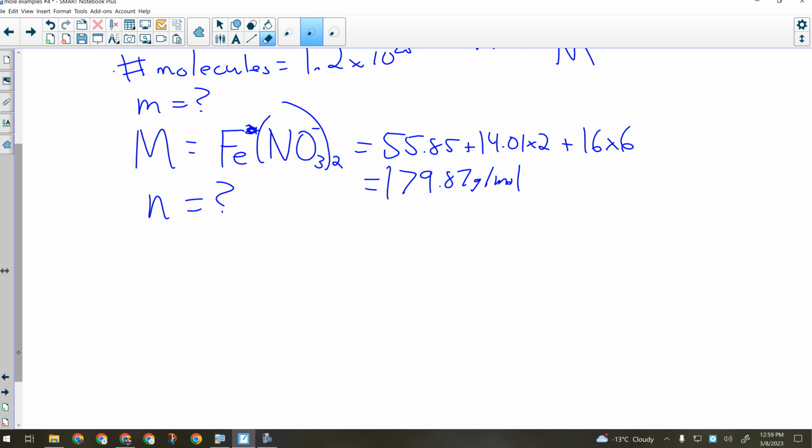Avogadro's number is the number of molecules in 1 mole, so I would take the number I was given and divide it by the number of molecules in 1 mole, because this is molecules per mole. The molecules cancel and leave me with n moles.